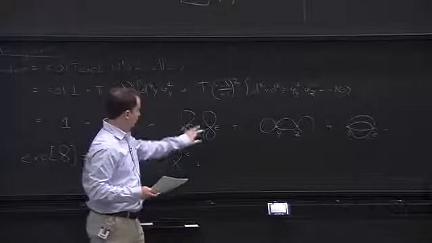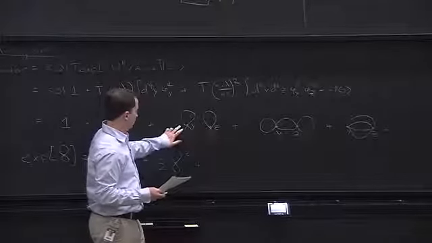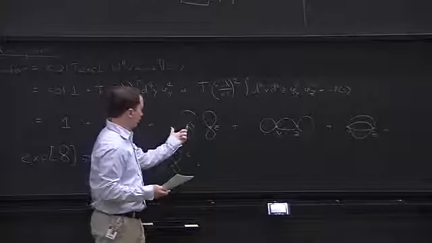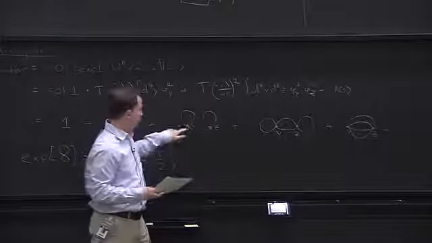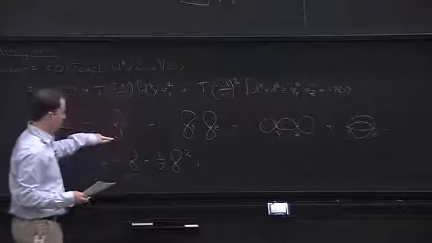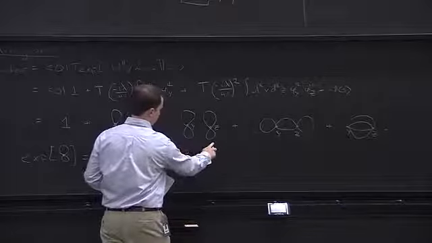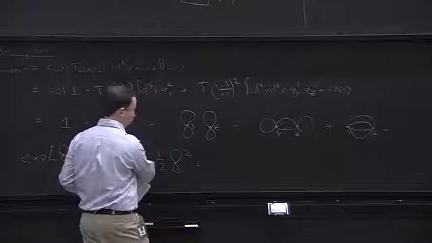This diagram has an extra symmetry from exchanging the vertices. It doesn't matter which of these vertices I label as y and which is z. This is exactly the same diagram. I can exchange these because these are internal points that are integrated over. So this has an extra symmetry factor of 2 compared to this diagram squared. So this single diagram is equal to a half of this diagram squared.